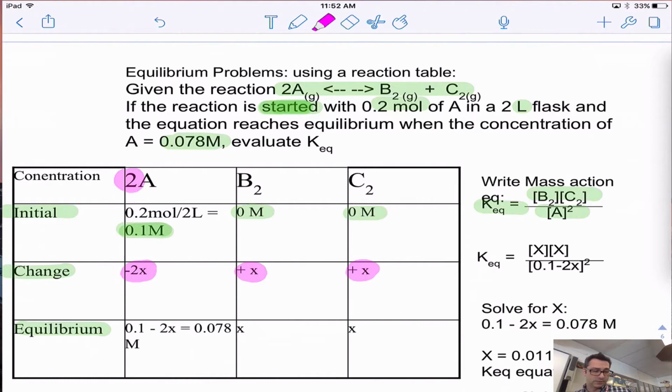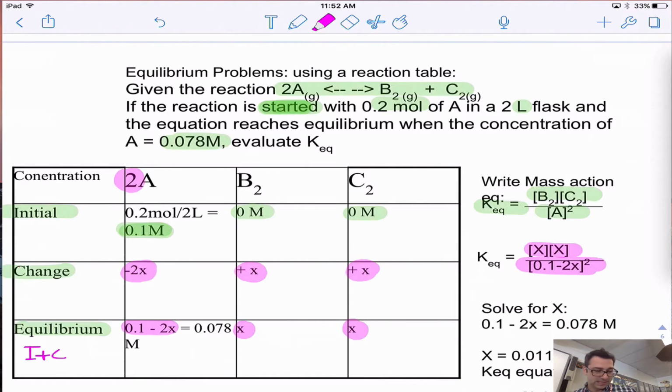Now the equilibrium row here, this is initial plus the change. And so initial plus the change, for A, it would be the 0.1 plus negative 2x. And for B, it would be 0 plus x. And for C, it would be 0 plus x. And so I actually could put those into my equilibrium expression right here. Now the thing is, though, with this problem, I know A's concentration.